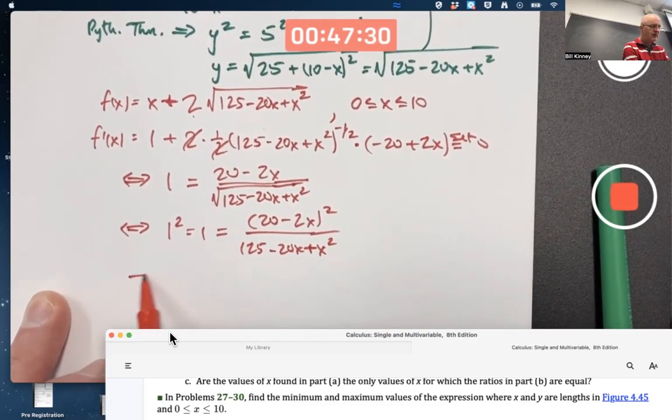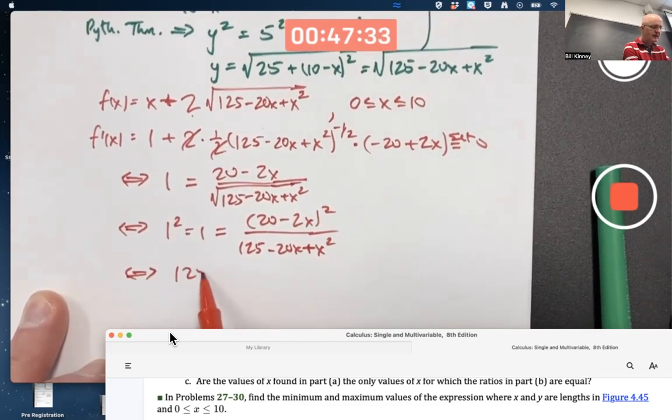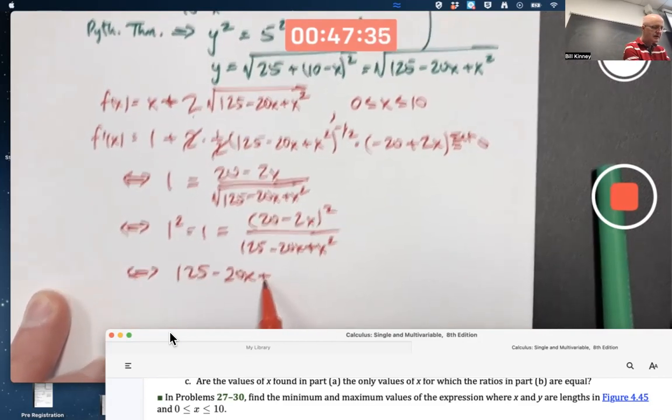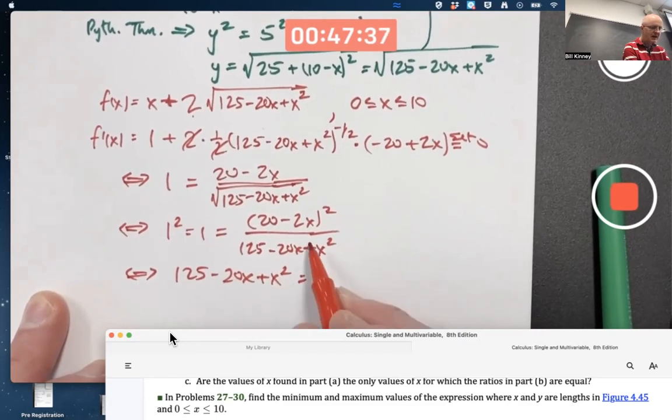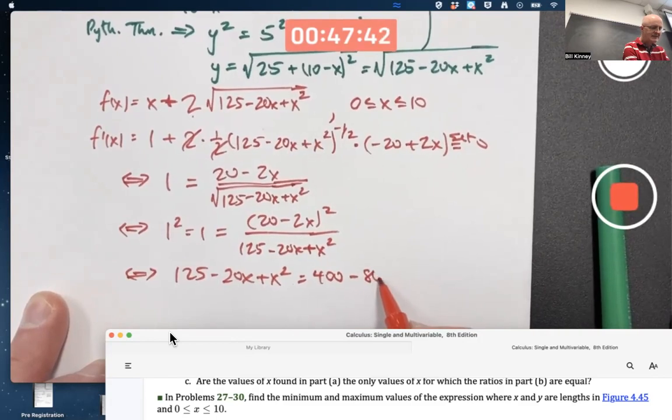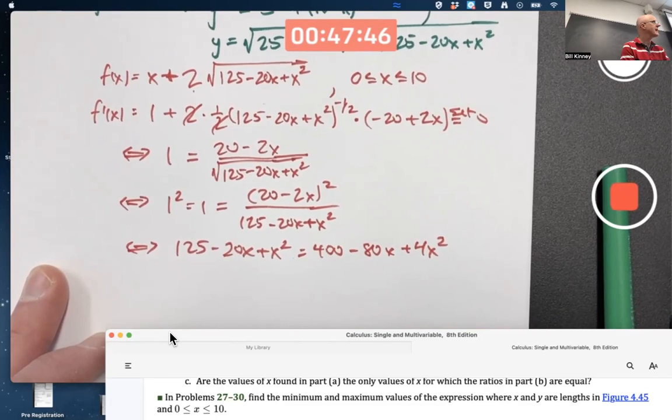And effectively cross multiply and expand this out. 20 squared is 400. We would get a minus 80x plus 4x squared. In the end, it looks like we're going to get a quadratic equation to solve.